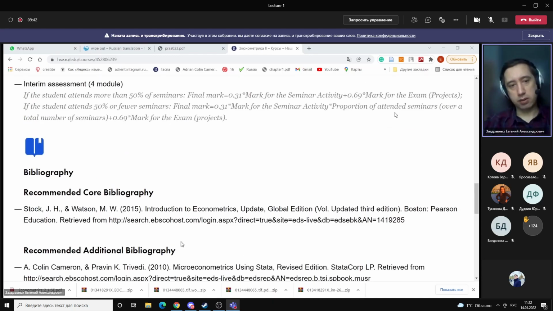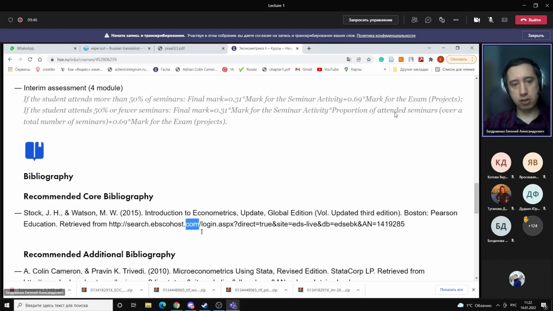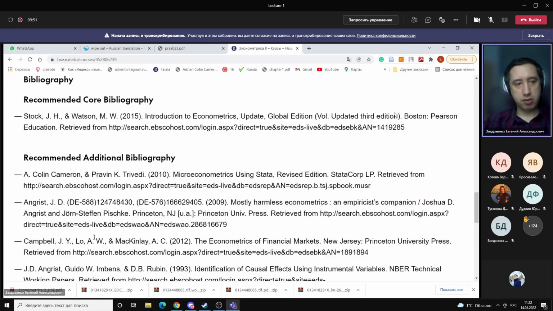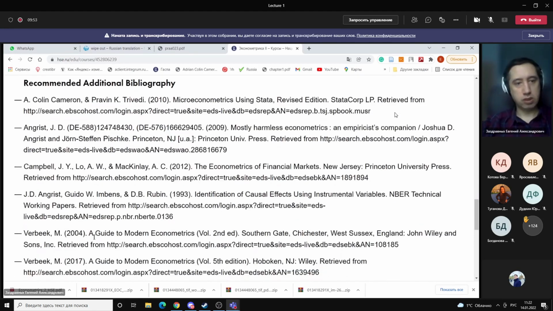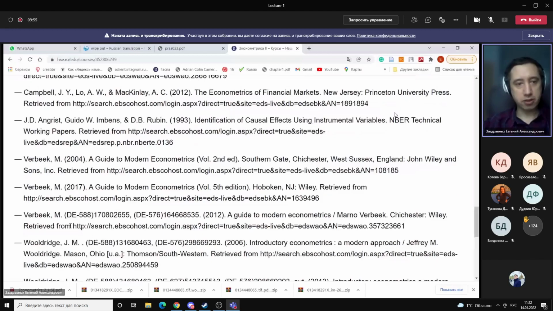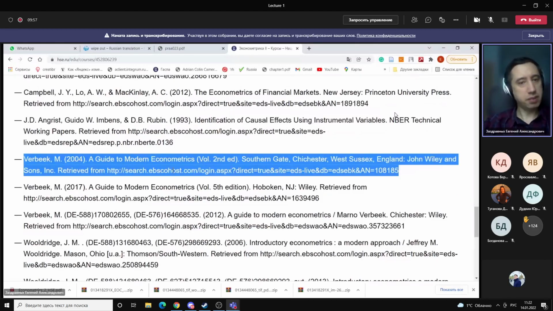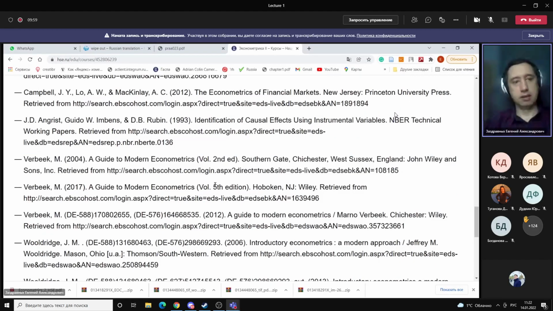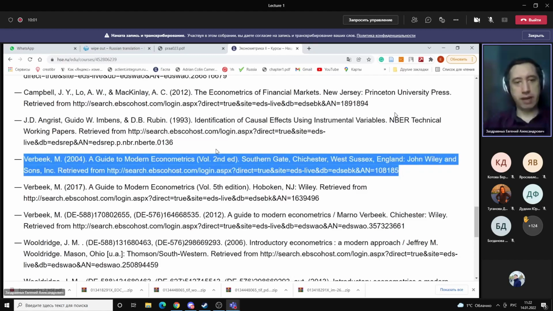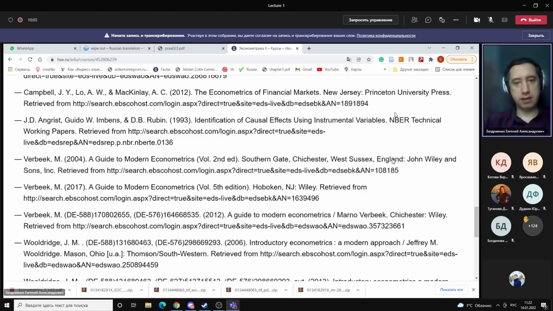Our main textbook is Stock-Watson, Introduction to Econometrics. I recommend you to use the last edition of this textbook. Recommended textbooks could be Verbeek, Marno Verbeek. It is a little bit more complicated textbook, but if you are good in maths and have pretty good knowledge of linear algebra, Verbeek could be a fine companion.